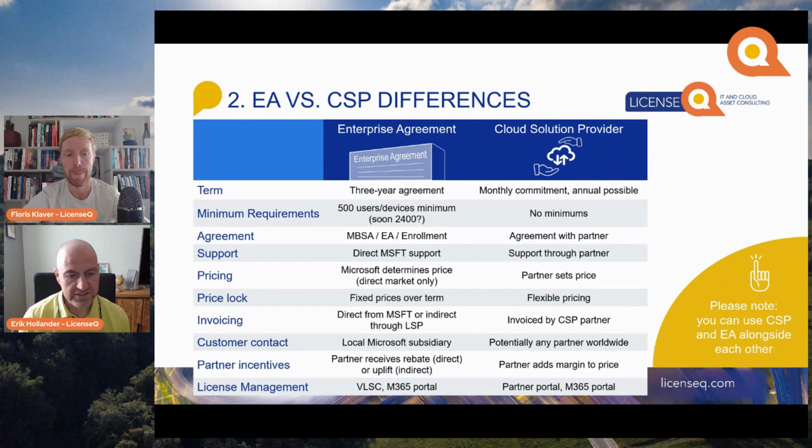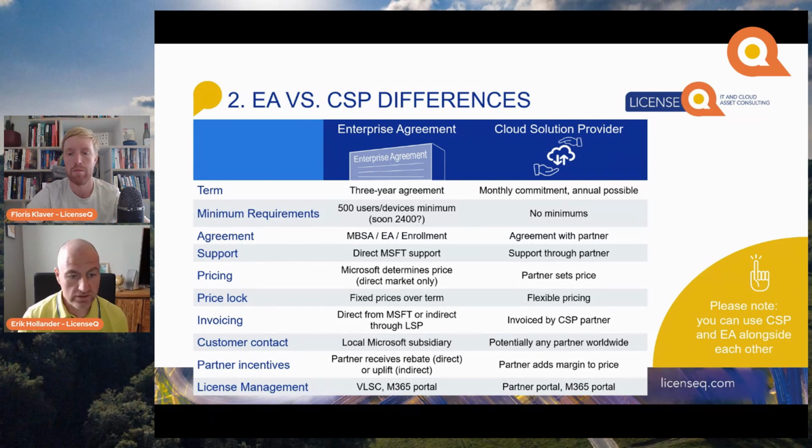With regards to pricing, within the enterprise agreement, if we are talking about the direct market, Microsoft is determining the price. For governmental organizations, there is often an indirect model where Microsoft decides the price for the partner and the partner is invoicing the client. Very important to say, within CSP, there is one option possible. You can only be invoiced by your partner. And it's very nice to know that the CSP prices change from partner to partner.